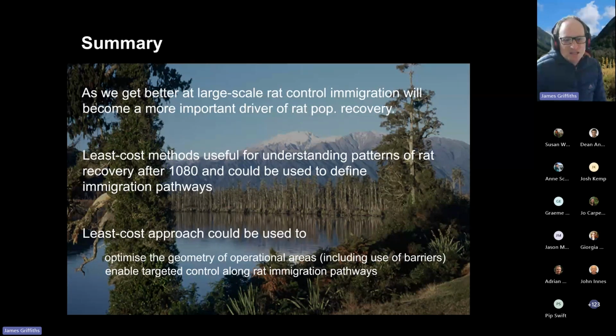And the least cost approach could be used to optimize the geometry of operational areas, including identifying barriers that might be useful to impede immigration. And they could be used to enable targeted control along immigration pathways if we could define what they were.